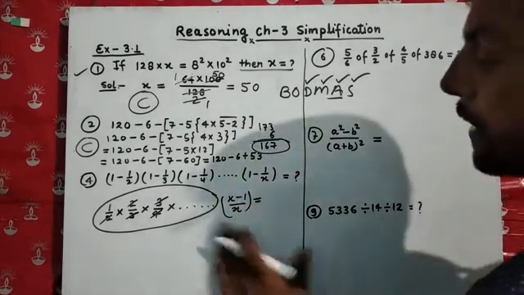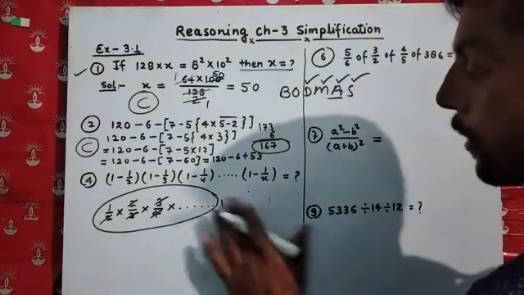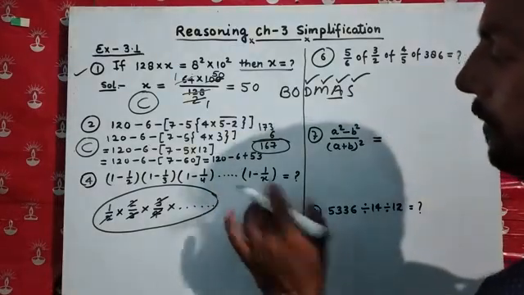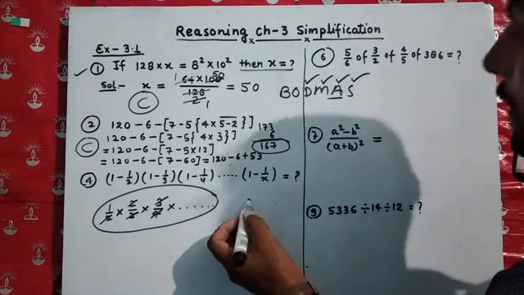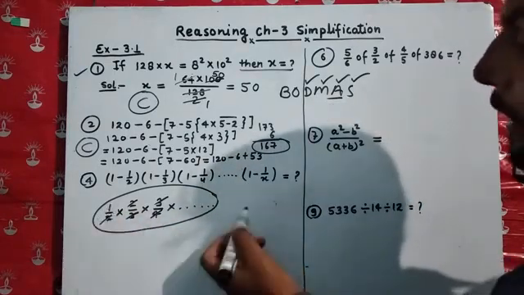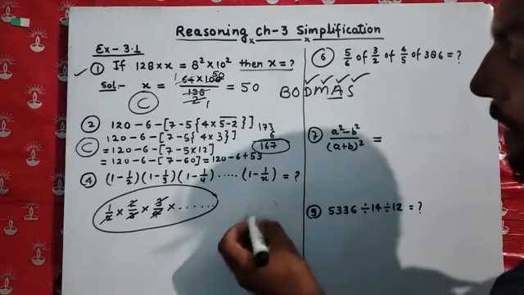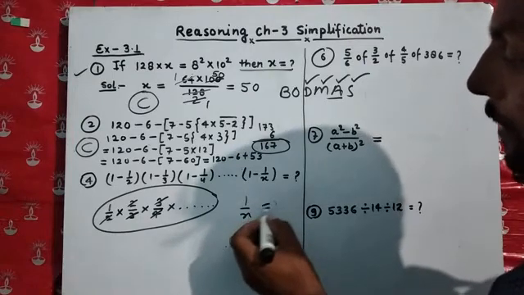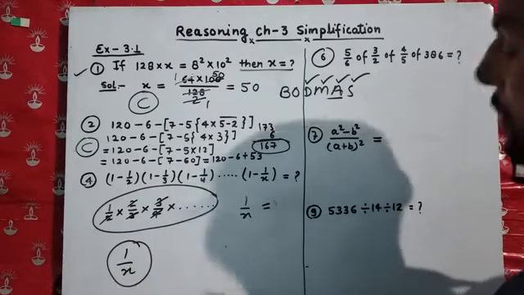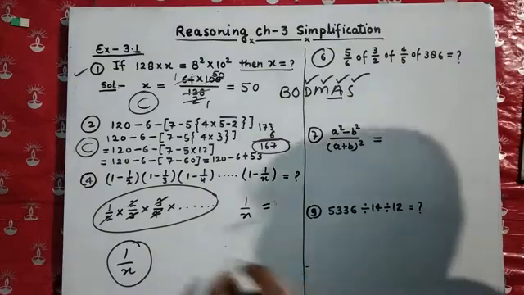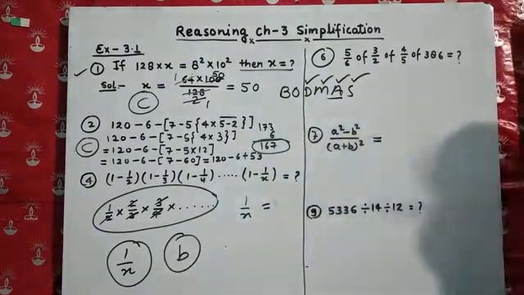Here we take one more step before this. In this condition there will be only 1, and the last time we will get x, so 1 by x will be here. So 1 upon x will be the answer. This is option number B, which is correct.